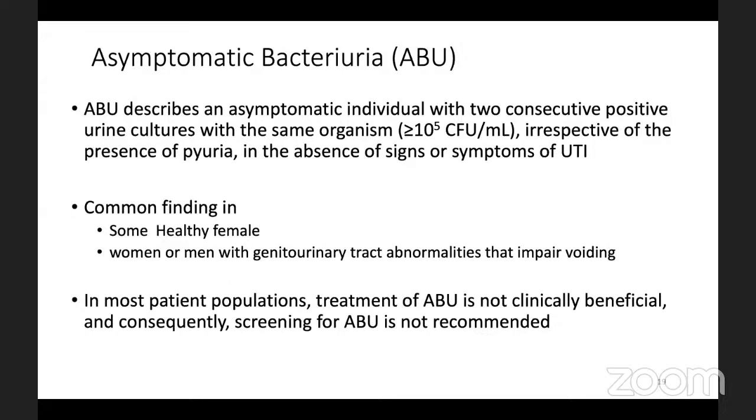In asymptomatic bacteriuria, the person is healthy, has no signs or symptoms of urinary tract infection, like what we discussed at the top, but we have cultured bacteria of 10 to the power 5, which is significant in the urine. And this is when it is even done on 2 consecutive times.